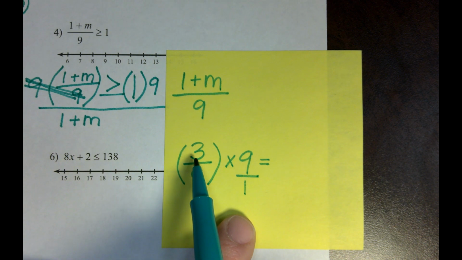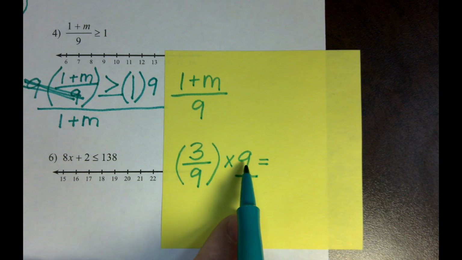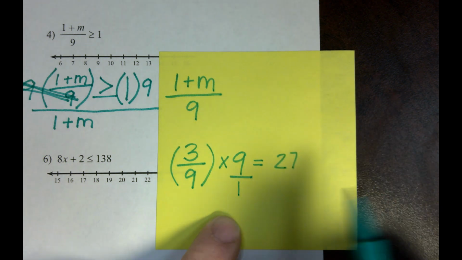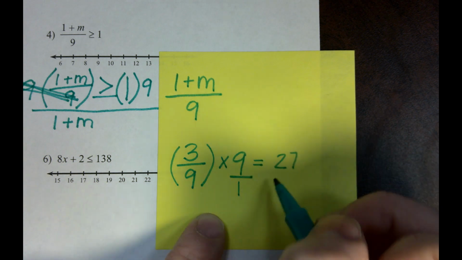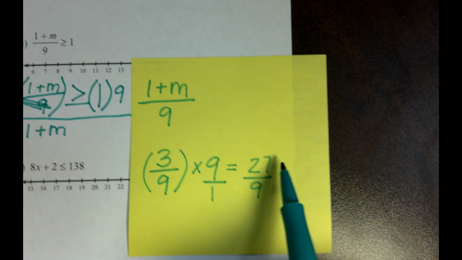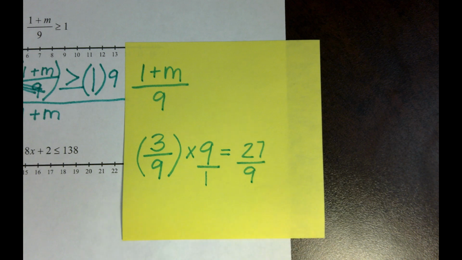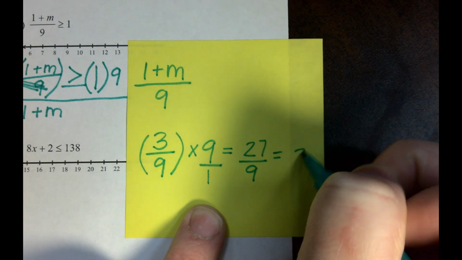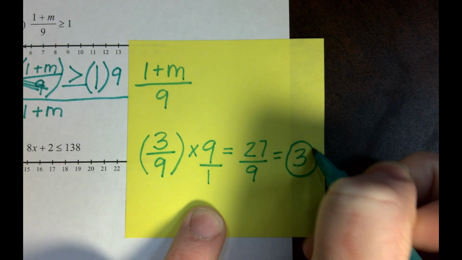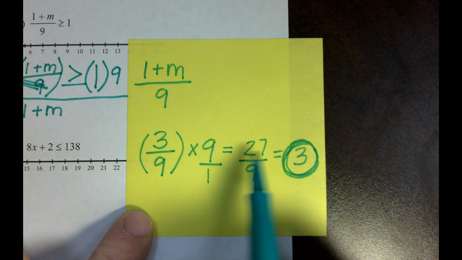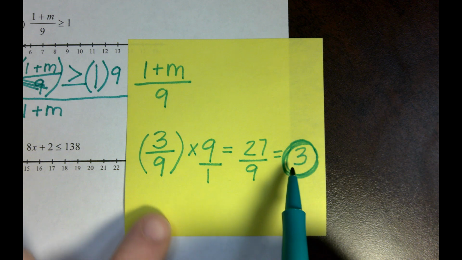So let's see. 3 times 9 is what? 27. 1 times 9 is what? 9. Okay. So now let's see. 27 divided by 9. 27 divided by 9 is 3 by itself. So we're really just skipping the steps of doing all of this and having to simplify, figure out what the number is.